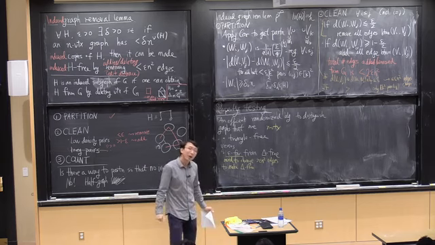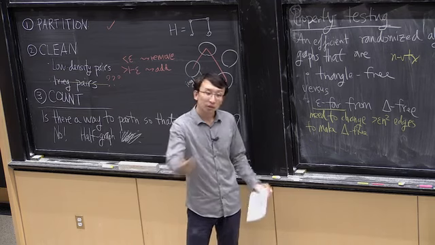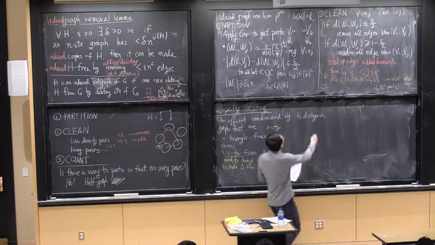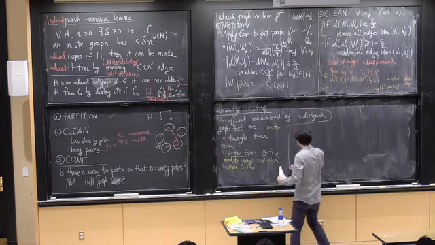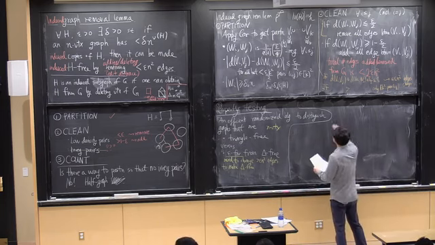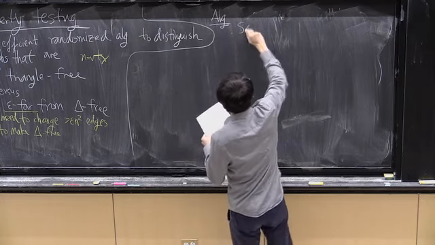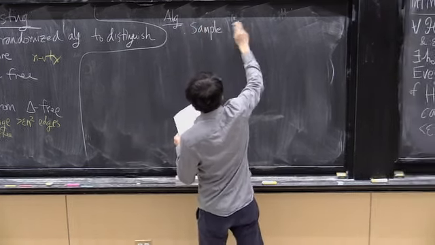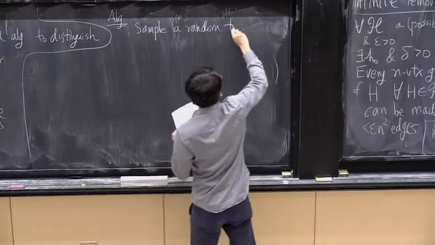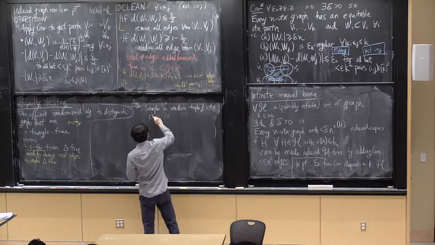But you want some way to test if a graph is triangle free versus very far away from being triangle free. Okay, so there's a very simple randomized algorithm to do this, which is to just randomly sample a random triple of vertices and check if it's a triangle.